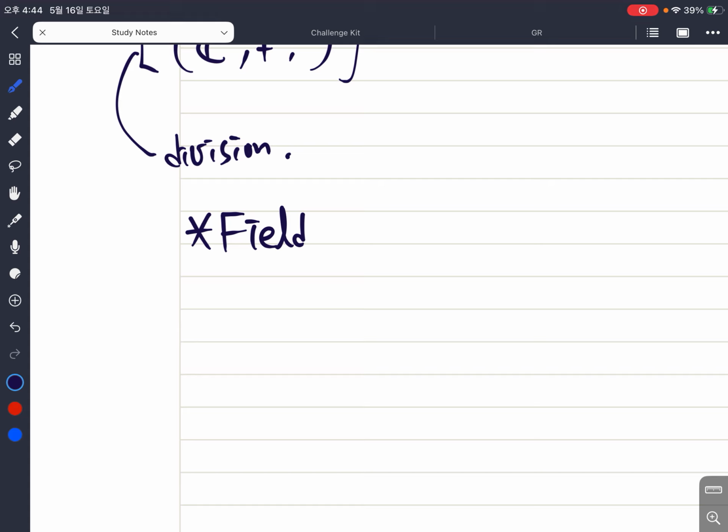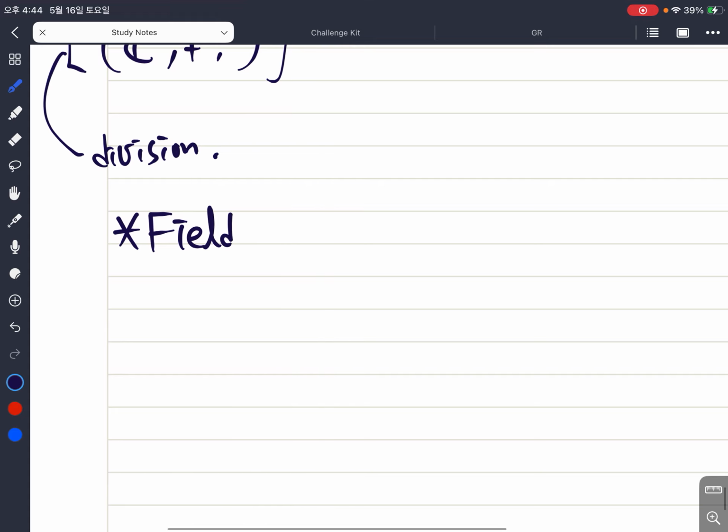Field is similar. Field we just write K. K comes from the German word Körper. I'm not sure, I don't know if it is the correct pronunciation, but it is a German word for body or field.